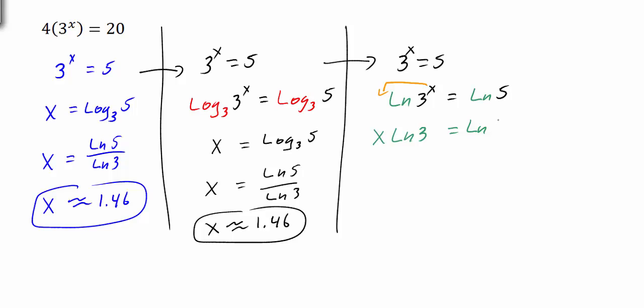Once we change it to multiplication, we can divide the natural log of 3 away. So ln of 5 divided by the ln of 3, we end up with, once again, approximately 1.46.